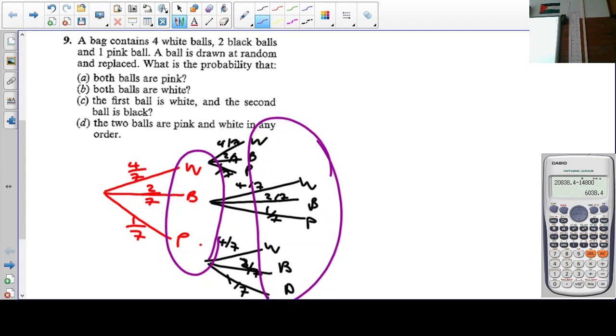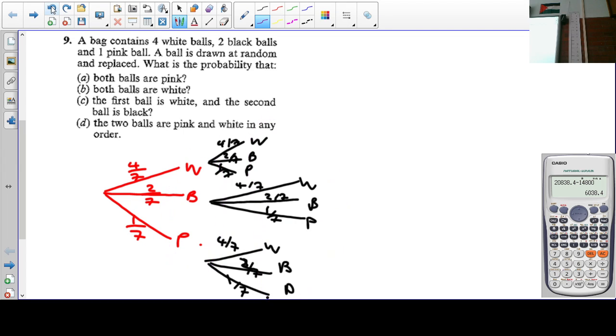You guys understand? If they ask you to draw a tree diagram and also to list your outcomes, then the outcomes are as follows. You can go white-white, white-black, white-pink, or black-white, black-black, black-pink, or pink-white, pink-black, pink-pink.